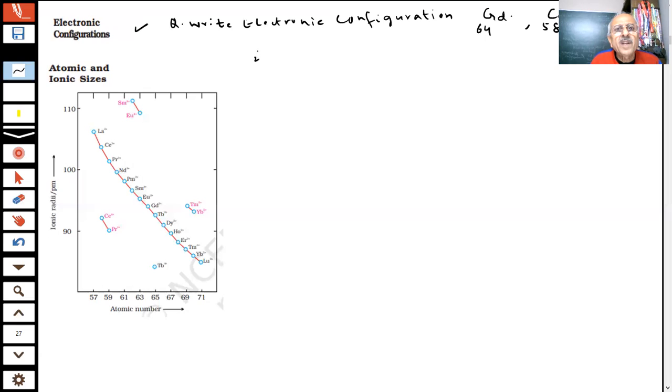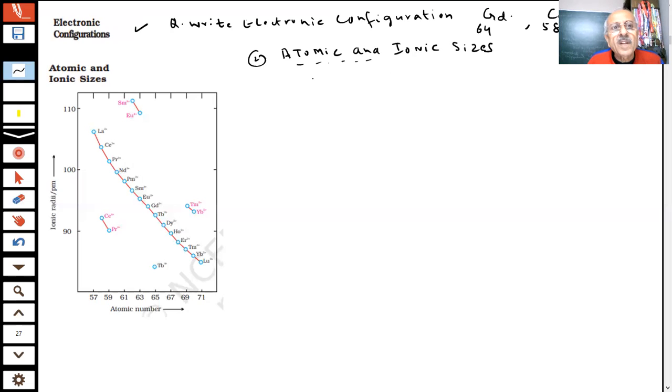Second important thing, student, let us see about the atomic and ionic sizes. What is happening, students, in this case? There is something very important which is of interest and will be asked in the paper, student. That is always asked.